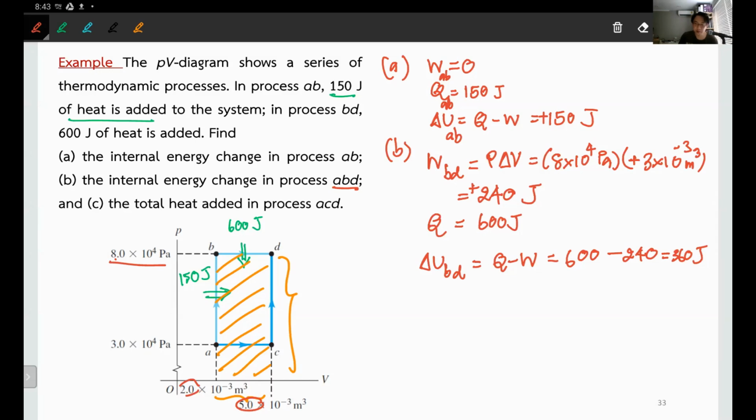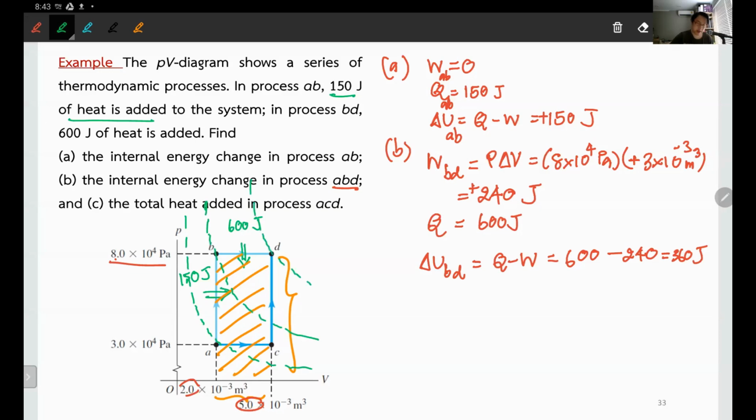Isn't that cool? Once again, just want to confirm the idea that I have in your head. Don't forget that you can always think of an isothermal line in here if you like.